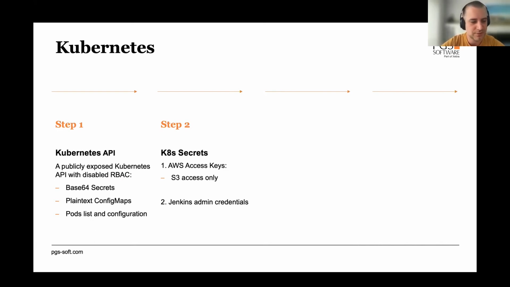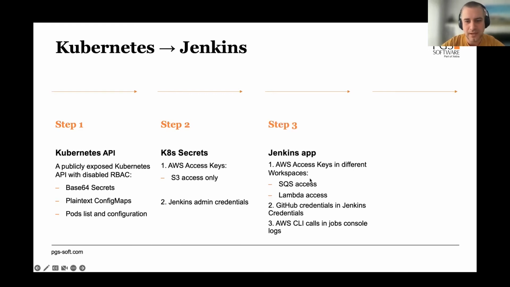So it can do many things. And there were admin credentials in the secrets of Kubernetes. So I looked for that Jenkins, if it's public, if I can access it using jenkins.example.com. But it wasn't available on the public internet.